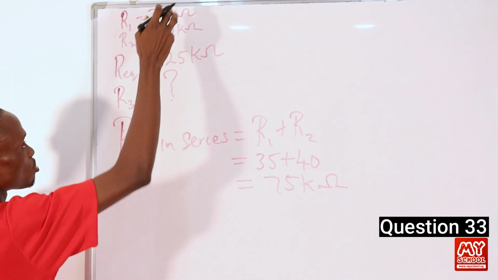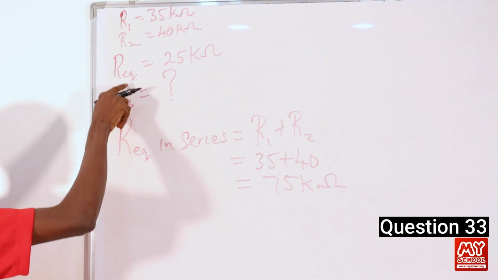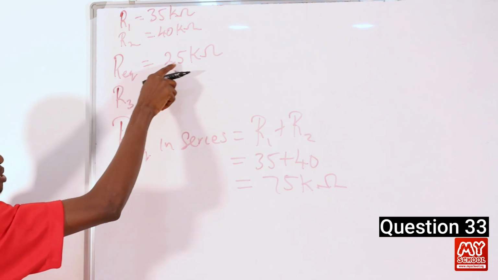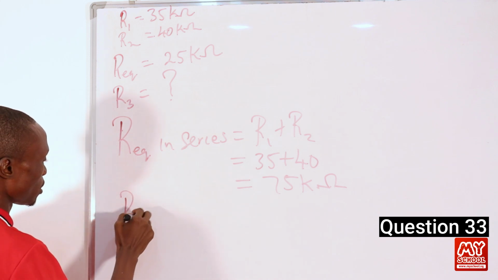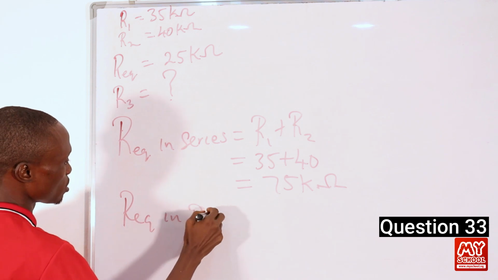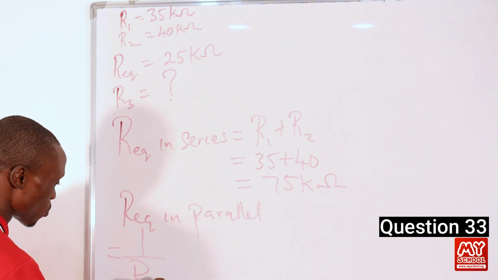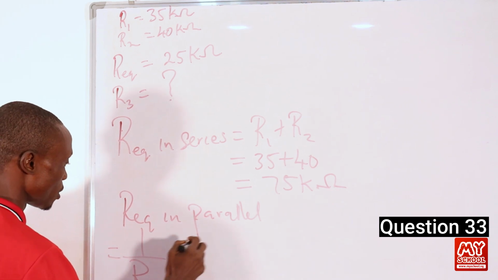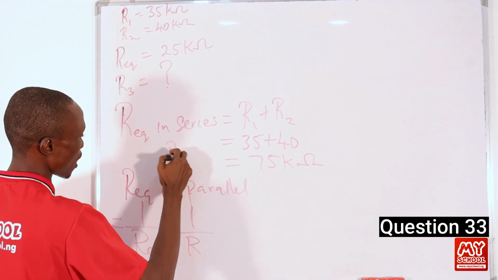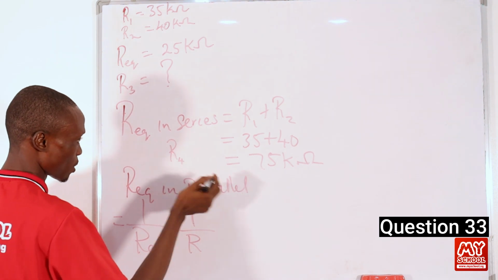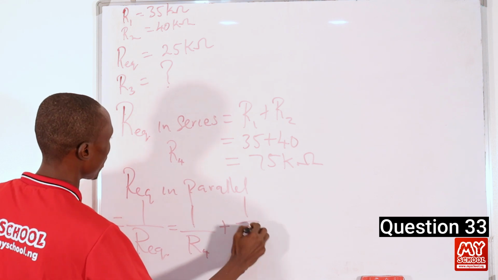But we are told that this resistance is connected in parallel with a third resistance in order to get the equivalent resistance of 25 kilo ohms. We know that equivalent resistance in parallel is given by 1 over R equivalent equals 1 over R4 plus 1 over R3.